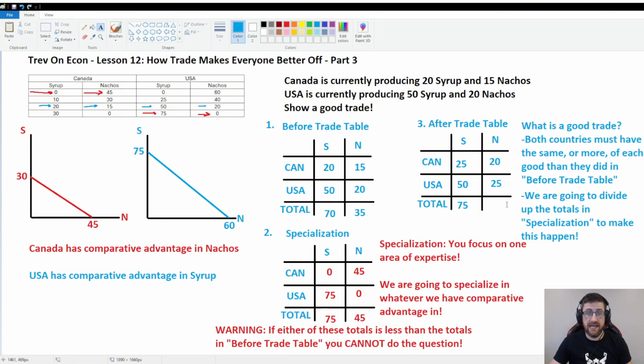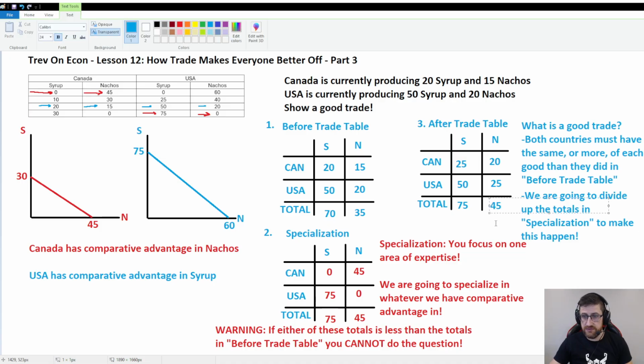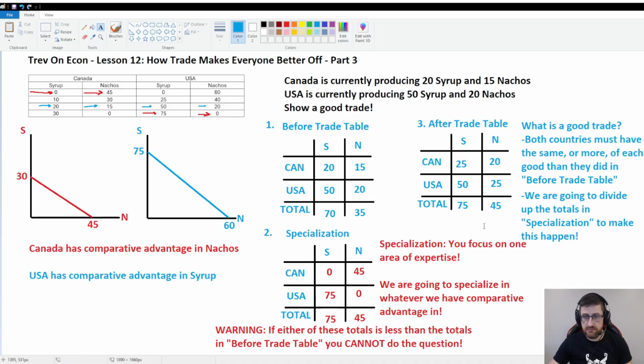Quick check: what's their total? 45. That matches. Then we go to the individual checks. Is 20 bigger or equal to 15? Yes. Is 25 bigger or equal to 20? Yes. This is a perfectly good trade. Both countries have the same or more of each good than they did back here. That means we've done something correctly.